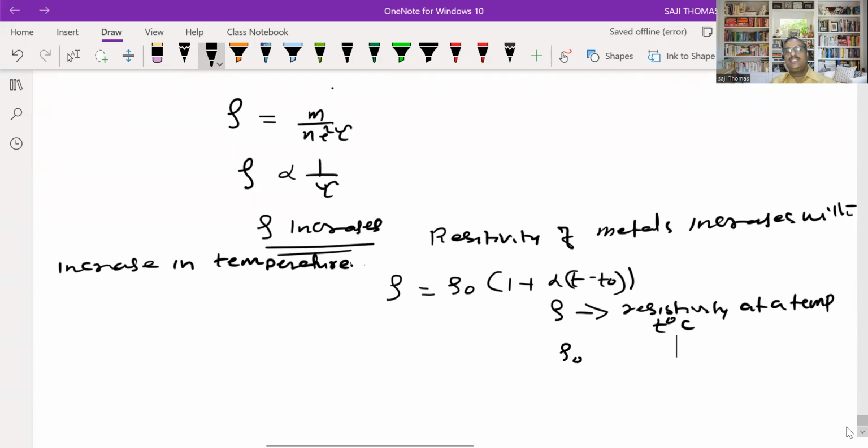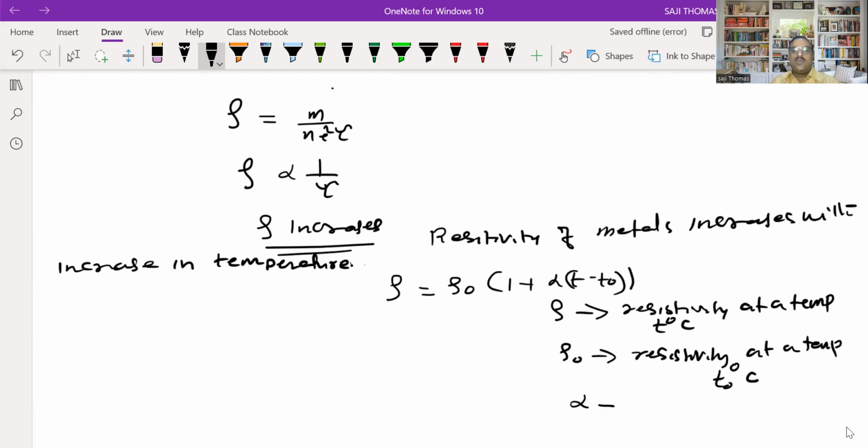Rho 0 is the resistivity at a temperature T0 degrees Celsius. Alpha is a constant known as temperature coefficient of resistivity.